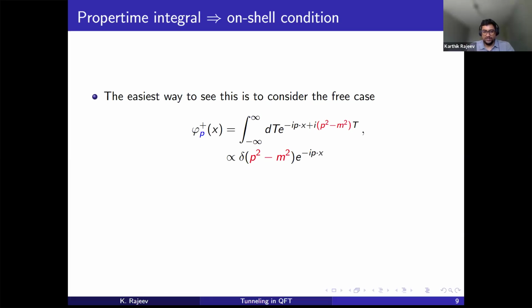For instance, if you look at this path integral in the trivial free case, you will find that you end up getting this kind of an expression where the T dependence is just from a multiplication by this p squared minus m squared, and when you perform the T integral, you get exactly a delta function.